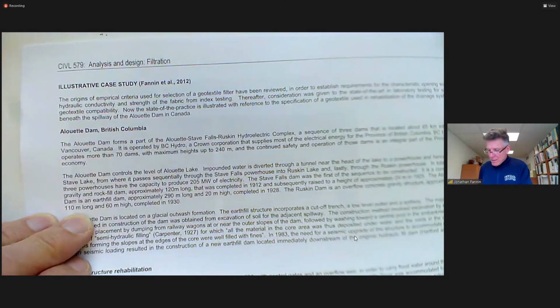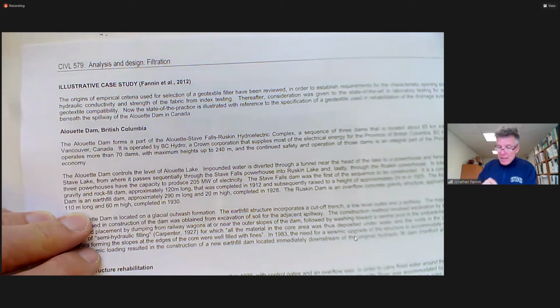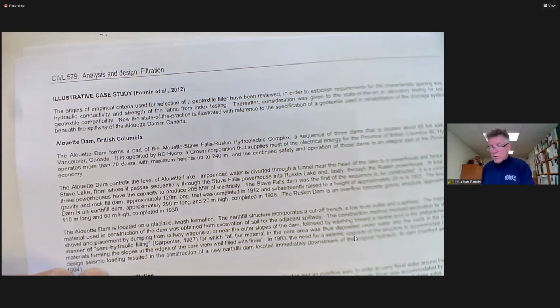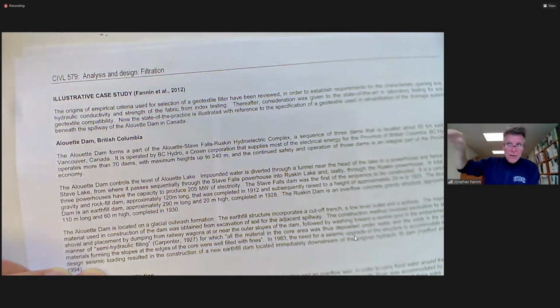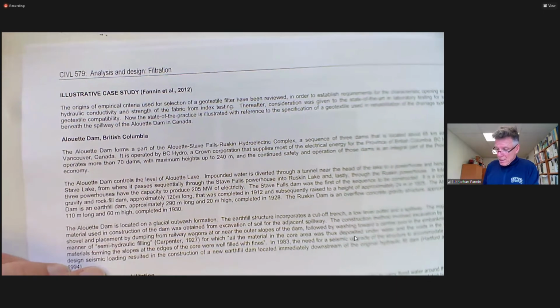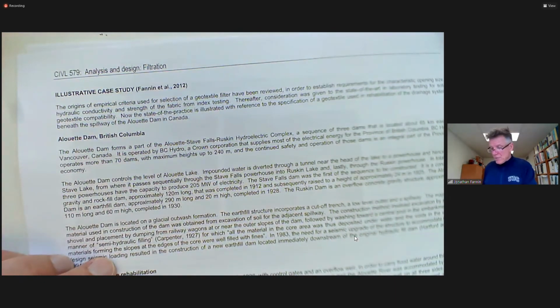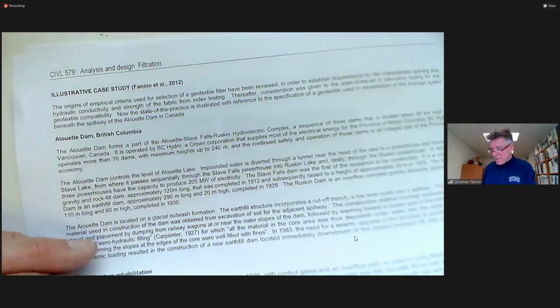And the Alouette Dam, it doesn't have a generating station. Alouette Dam is one of these dams that holds, it's like a saddle dam in essence. It holds the elevation of Alouette Lake, such that water from Alouette Lake flows at the far end of the lake through a tunnel and into a generating station and is used to generate power, not at the dam itself, but at a generating station that's actually quite far removed from the dam.